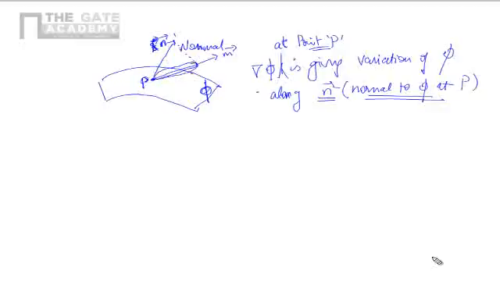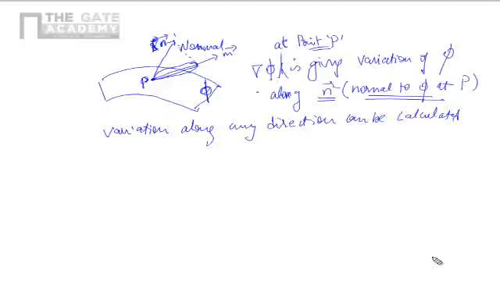So variation along any direction can be calculated by projection of del phi at that point, correct? Yes or no?